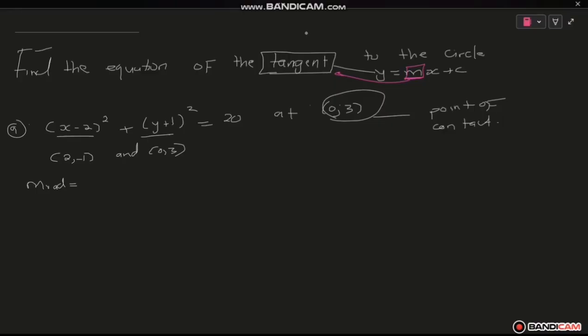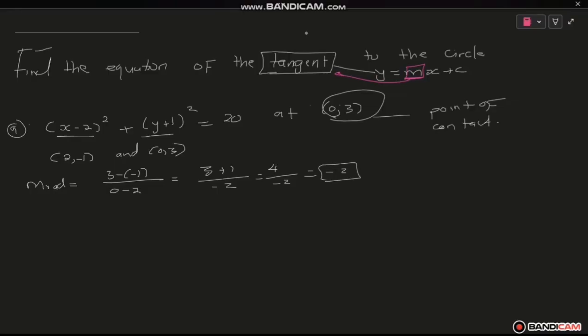That's the first step. Remember, m radius is (3 minus -1) over (0 minus 2), then 3 plus 1 over -2. Therefore, the gradient of the radius will be -2.